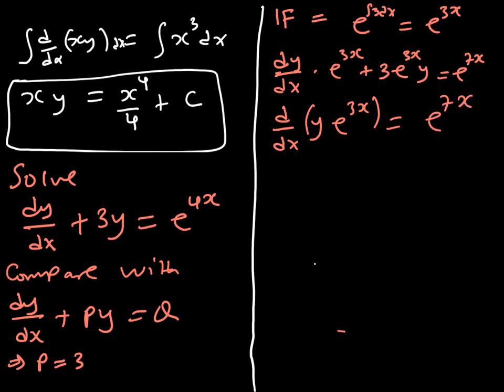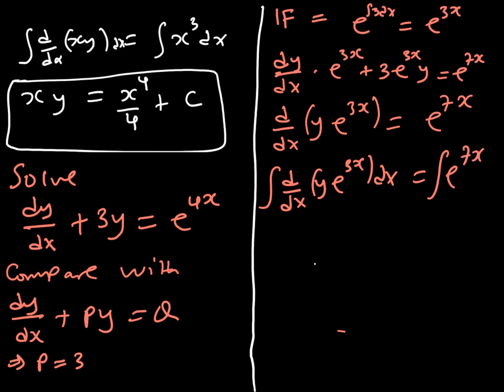So what happens is you integrate both sides, d by dx of y e to the 3x with respect to x, with the integral of e to the 7x with respect to x. So here you end up with y e to the 3x equal to e to the 7x over 7 plus a constant of integration, and that's just the solution.